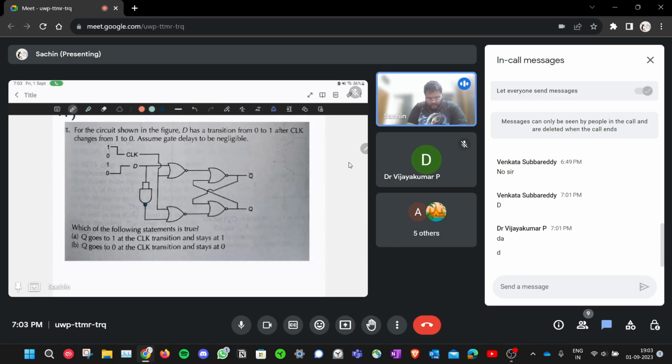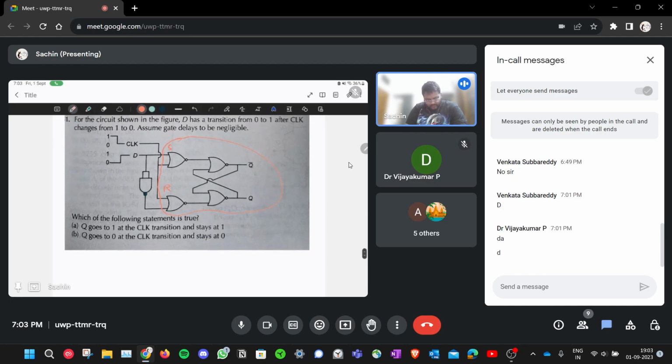So if you look at just this portion, okay, this is a circuit of an SR latch where this is S and this is R.